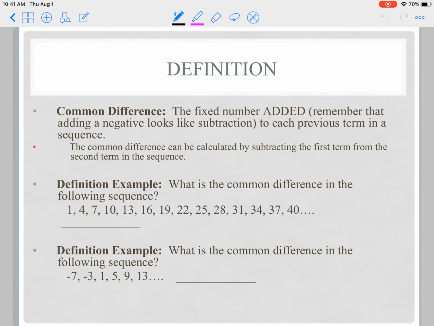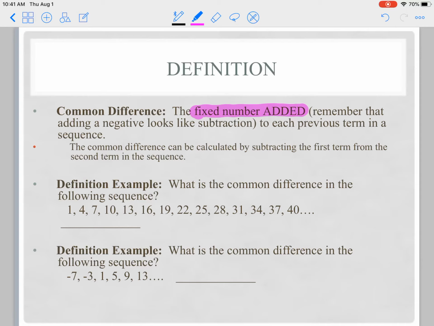That number that we add over and over and over to get the next term in our sequence is called the common difference. Again, it's just a fixed number that we add to each term to get the next term.